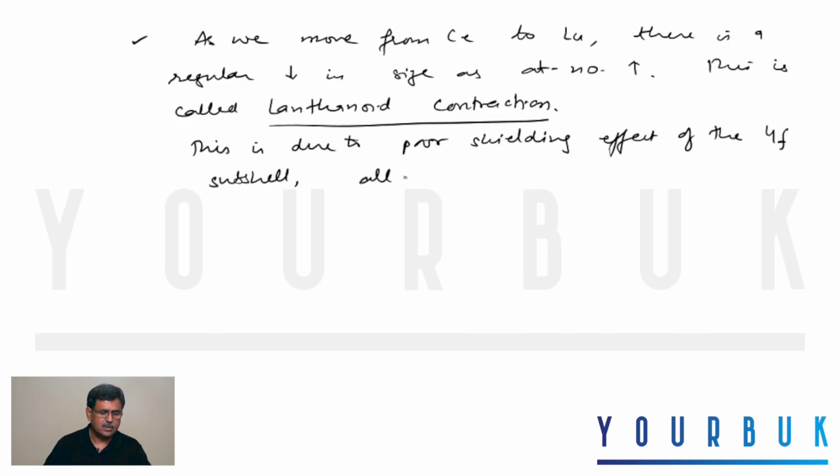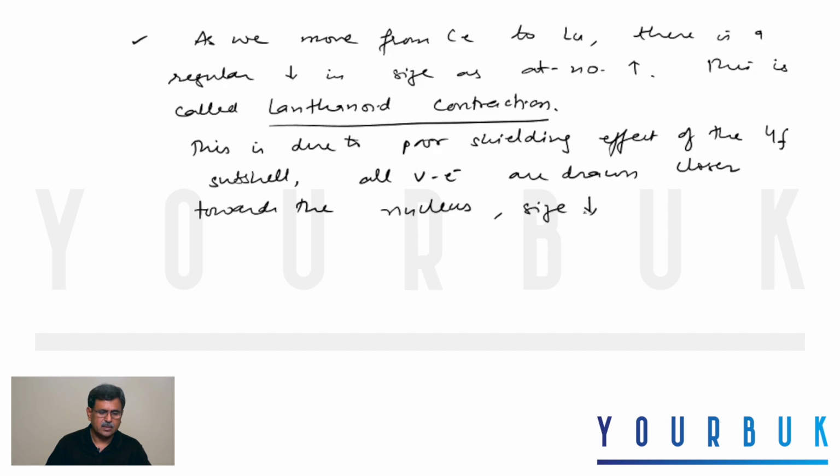So all valence electrons are drawn closer towards the nucleus and size decreases. This lanthanoid contraction affects the properties of the following 5d series elements in the D block.